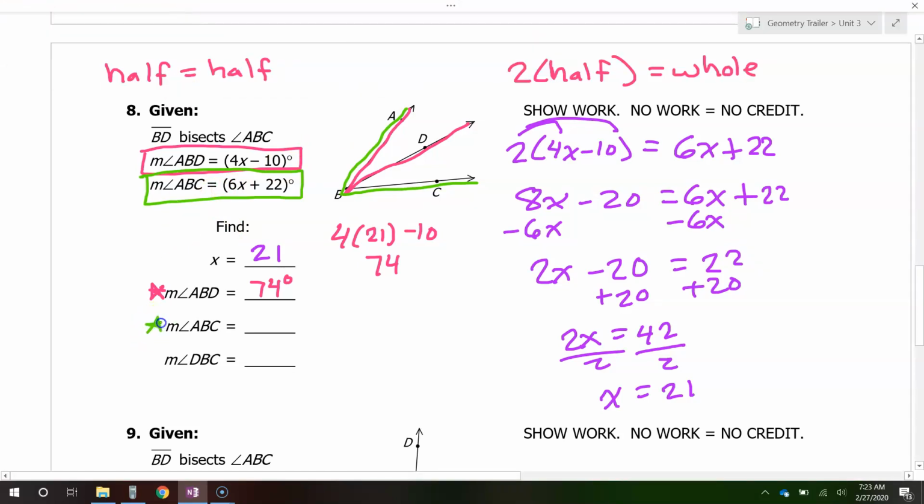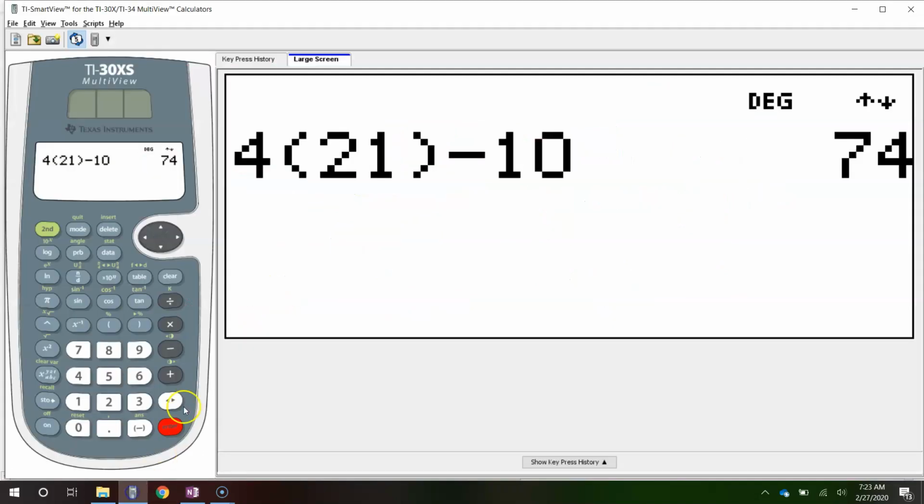All right, so we're doing the green one now. That's 6x plus 22. I could do 6 times 21 plus 22, or I could recognize that this green one is double, so I could just multiply 74 times 2.